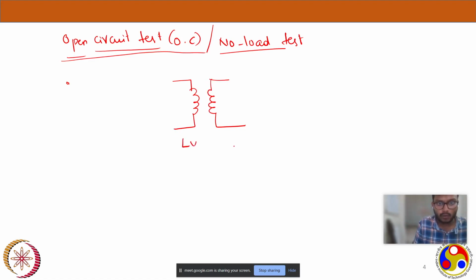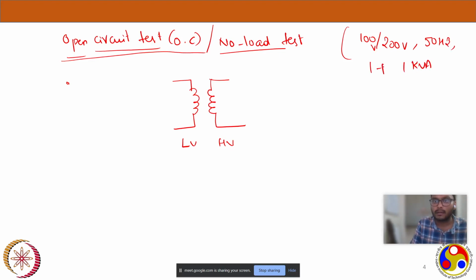Let's say this is low voltage, this is high voltage. For an example, I'm taking a transformer of ratings 100 volts by 200 volts, 50 hertz, 1 kVA, single phase transformer.